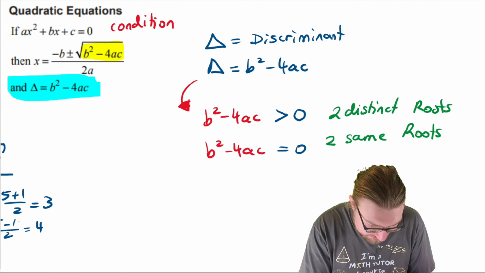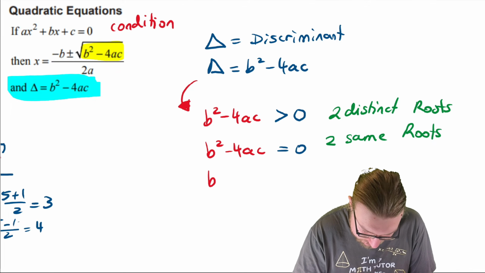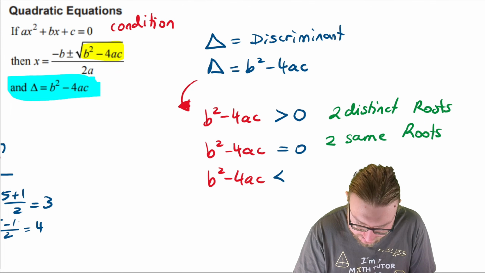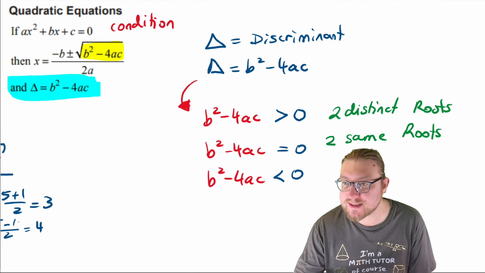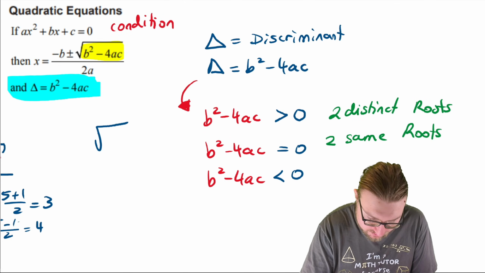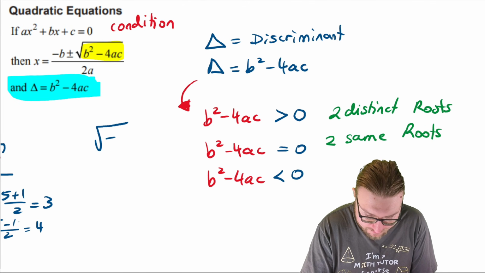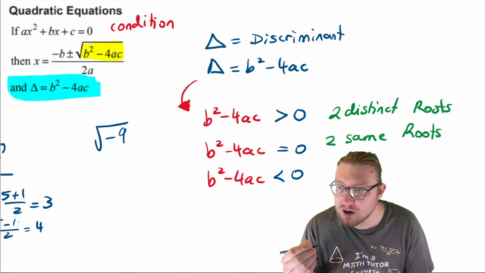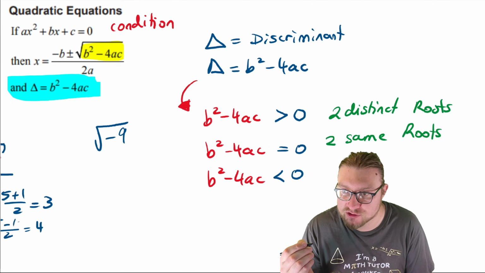Okay, the last part for the discriminant is if the discriminant is negative, that means a number less than 0. Let's think about it again. If we have the square root of a negative number, let's say negative 9, negative 6, it doesn't matter. How can that have a solution?